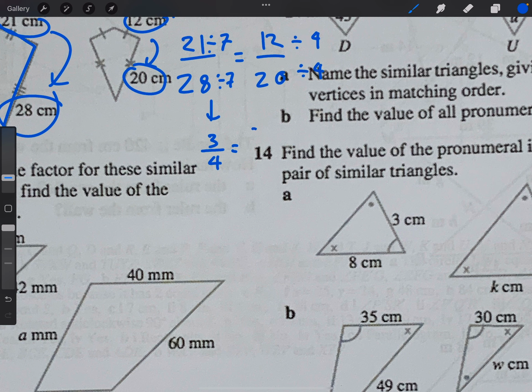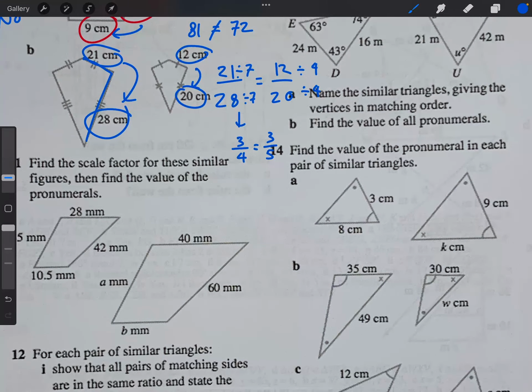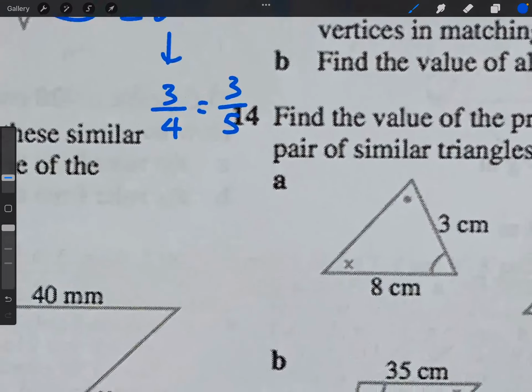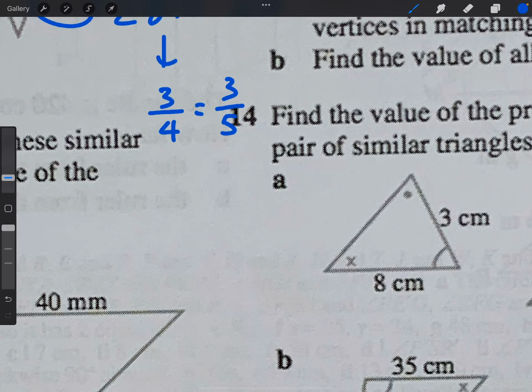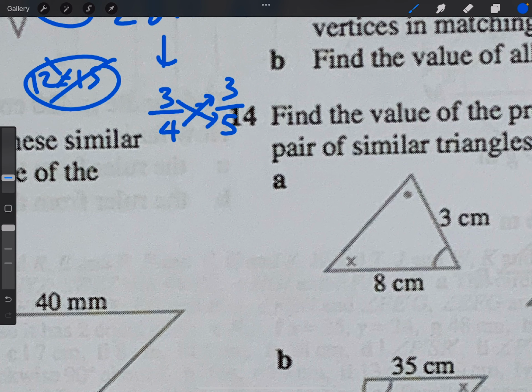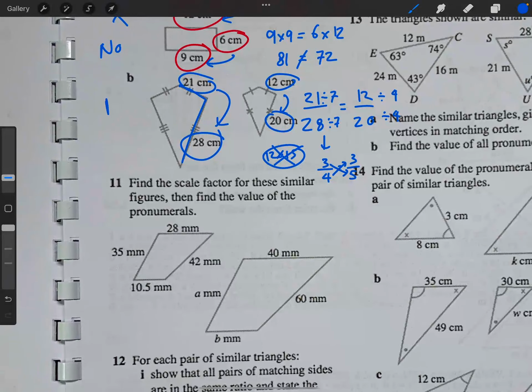So I can say that's equal to 3 over 5, isn't it? Did I do it right? 21 over 28 is equal to 12 over 20. Yeah, that's right. So as you can see here, they're not the same. You can cross multiply and you can see that's going to be 12 is equal to 15, and that's not true. So therefore this is not similar.